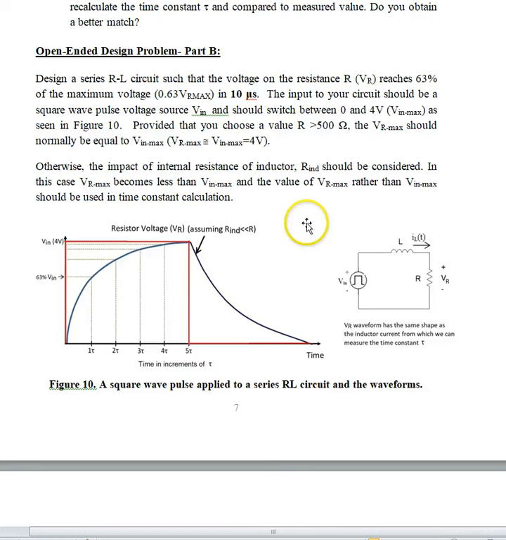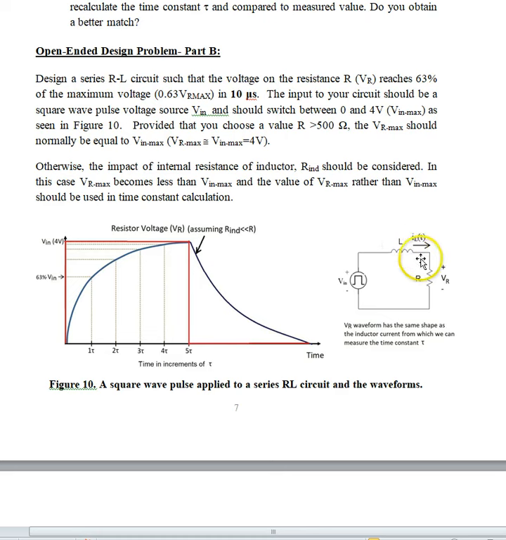And in a series RL circuit, the inductor current doesn't reach its fullest value, in this case Vin over R, until 5 times the time constant has passed. Over here, you're seeing the resistor voltage waveform. The waveform on VR is the same as the inductor current.